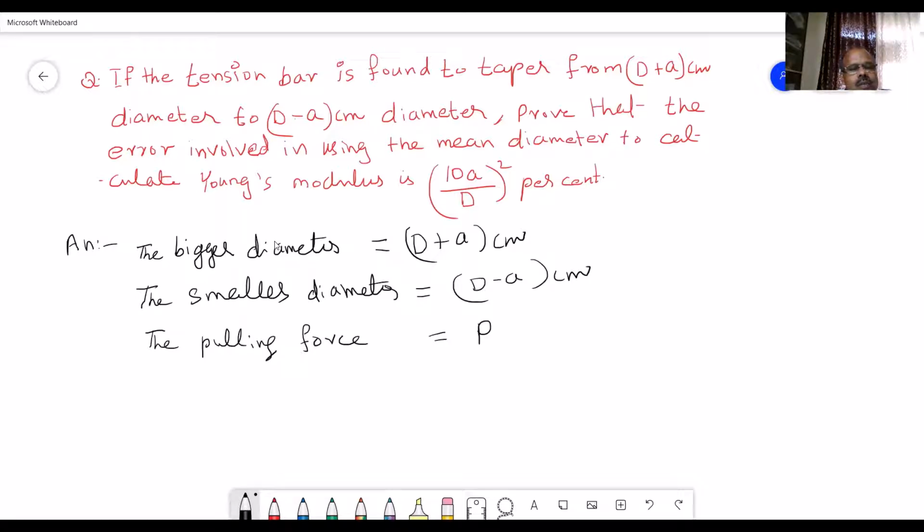So length of the bar also we have to consider here. Length of the bar we are considering here as L, and the extension of the rod is not given, and also E1 as well as E2 is not given. Means Young's modulus of elasticity by taper diameter.